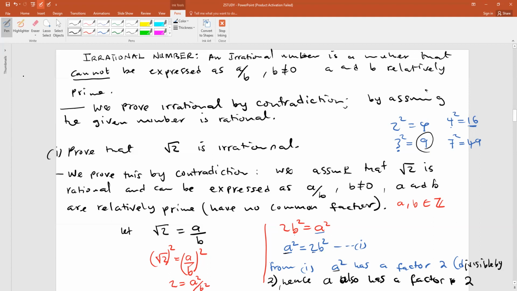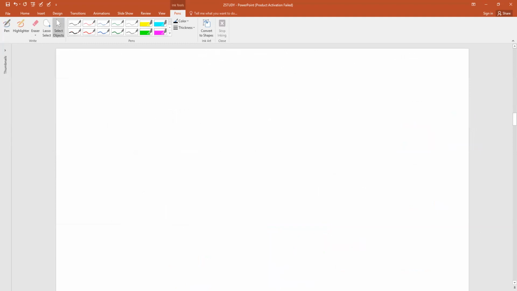Now take note, the board seems to be small, but we'll continue from there. Since we have a squared written as 2b squared, a squared has a factor 2, because of the 2b squared.